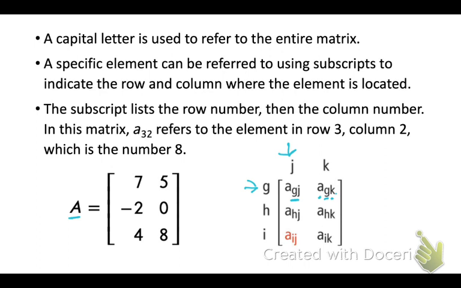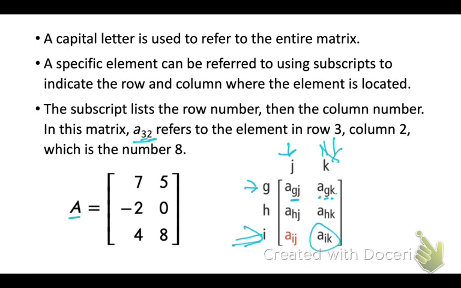The subscript lists the row number and column number of a matrix. We have A sub 3, 2. So that is row what? Row 3, column 2.